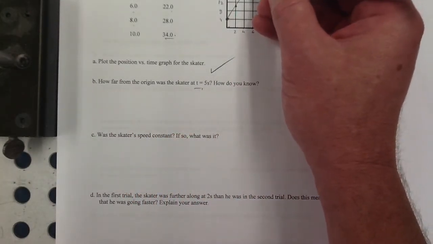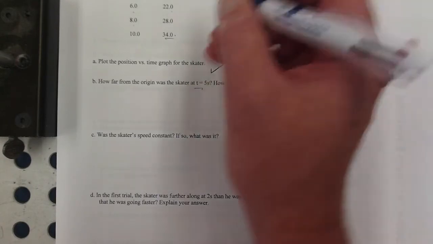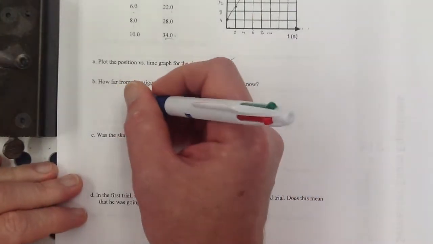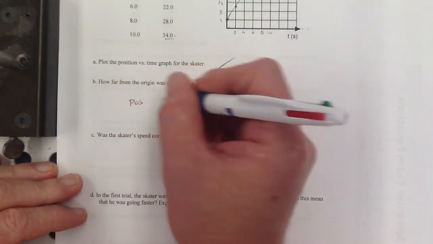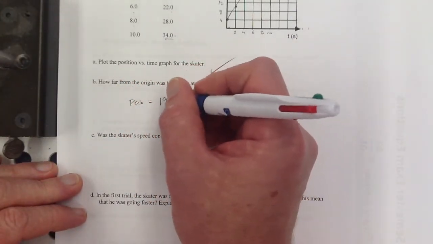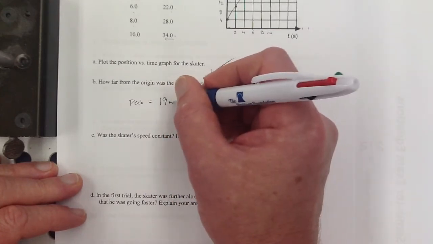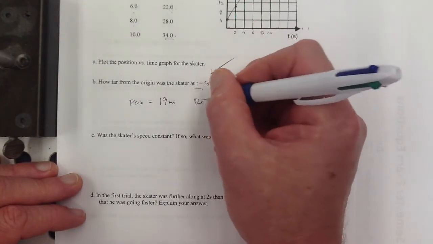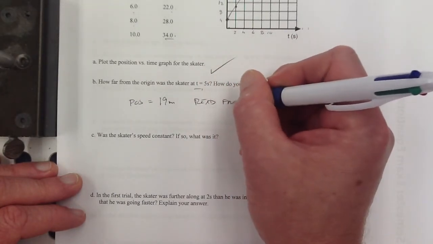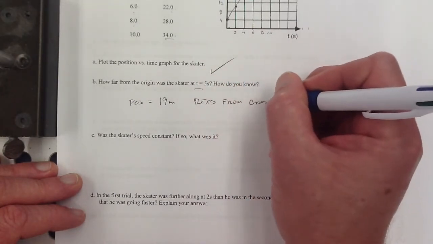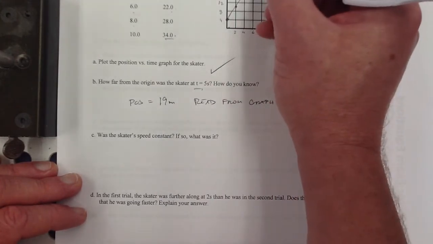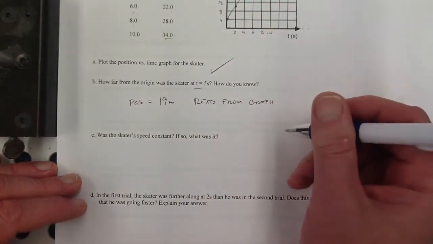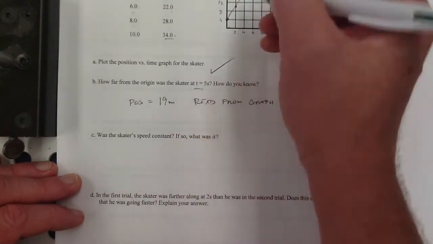So how far from the origin was the skater at time 5? I'm thinking that that's 19, right? Because that's 3 above this, 3 below that. So you could read that from the graph, although you might have a hard time knowing that it was exactly 19 on that graph, unless you made a bigger, more accurate graph than my little sketch here.